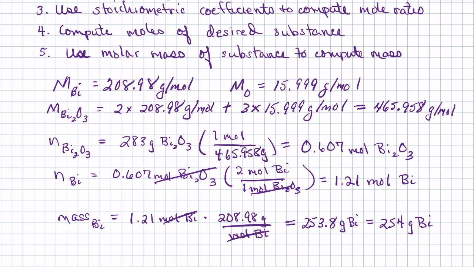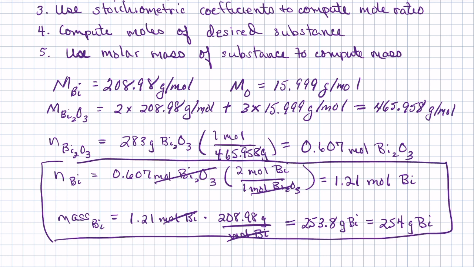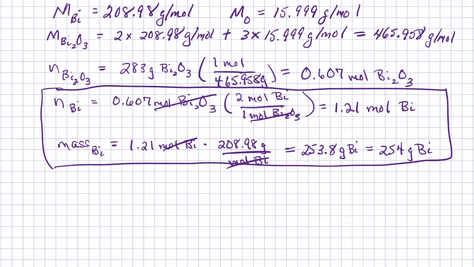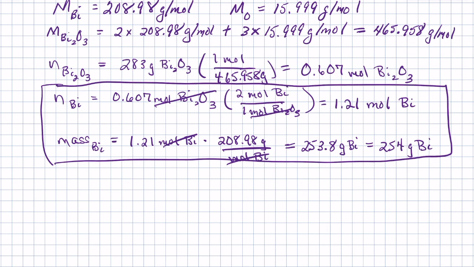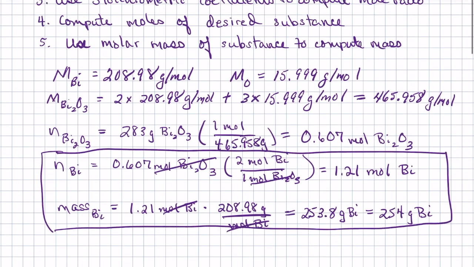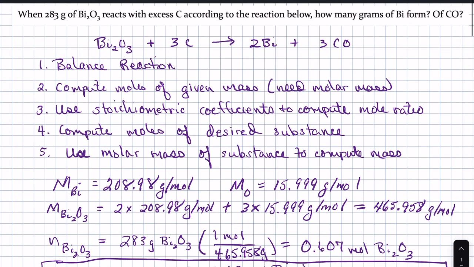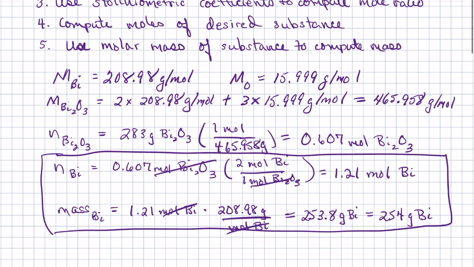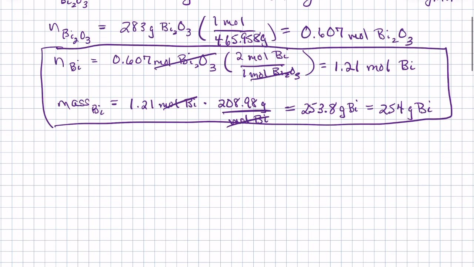So at this point, this part right here is where we are calculating the amount of bismuth. If we want to do carbon monoxide, we're going to do the same kind of thing. We're going to note the mole ratio. So we go back here, and our mole ratio for carbon monoxide is 3 moles of carbon monoxide per mole of bismuth oxide. So we're going to do the same thing down here to get the number of moles.